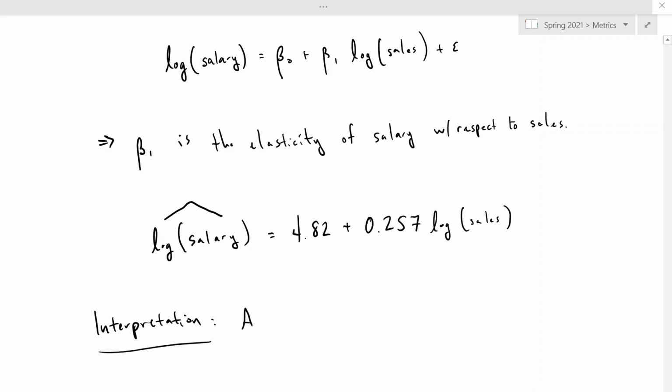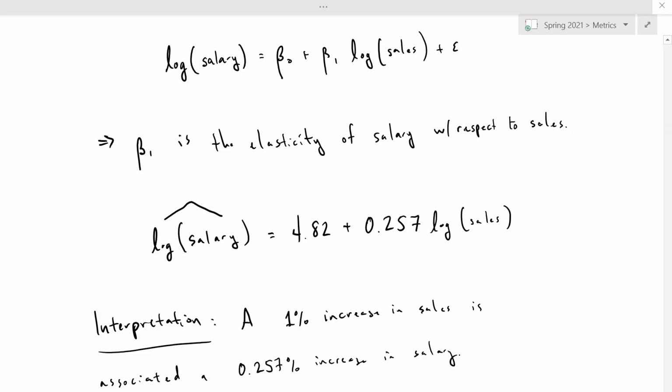it's an elasticity. So a 1% increase in sales is associated with a 0.257% increase in salary.